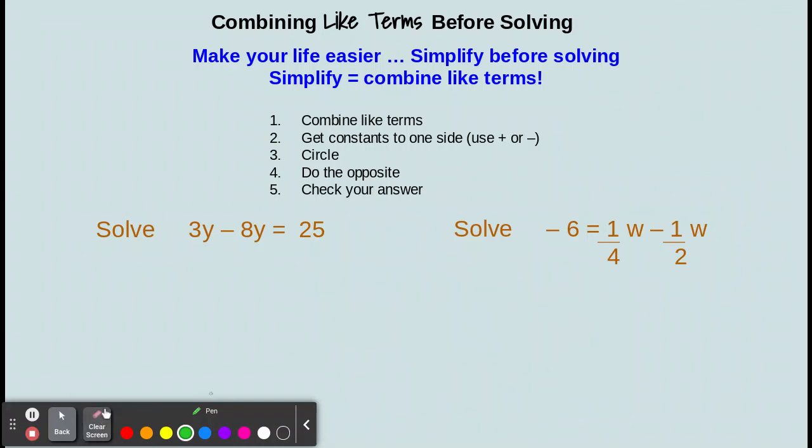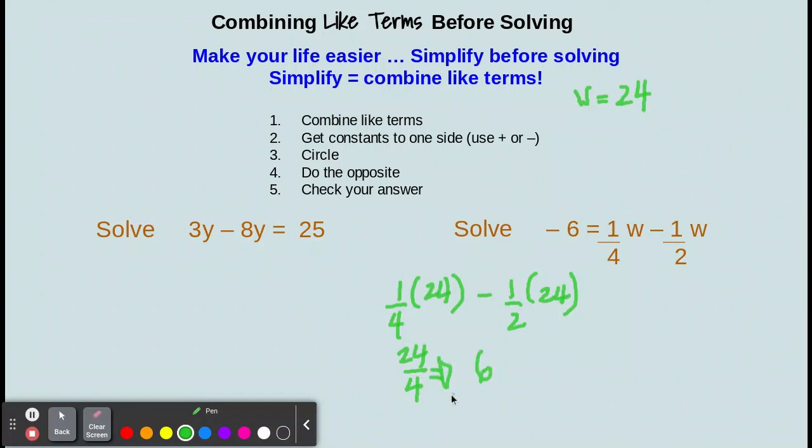However, let's check that. All right. So we have 1/4 times 24 minus 1/2 times 24. Okay, so 1/4 times 24 is the same as 24/4, which is the same as 6, right? Because 4 divided by 4 is 1, 24 divided by 4 is 6.